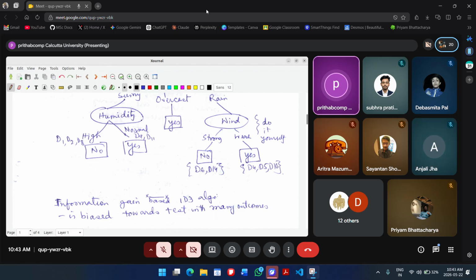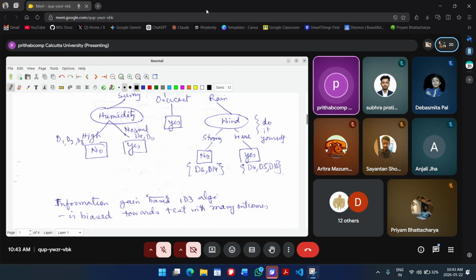In those cases, ID3, using this information gain measure, prefers to select attributes that have a large number of values.